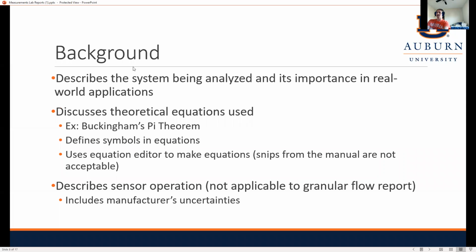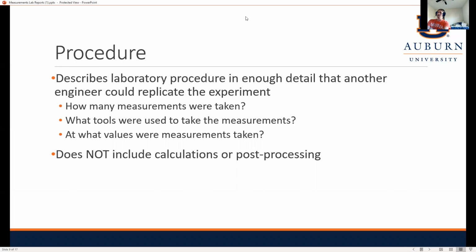The big changes are now the background is going to have the theory of operation for the sensors instead of the dimensional analysis discussion. Your procedure should go the exact same way. Look at the lab manual and the discussion about what the procedure was. We should have a video posted of us performing the experiment as well, so you can watch that.